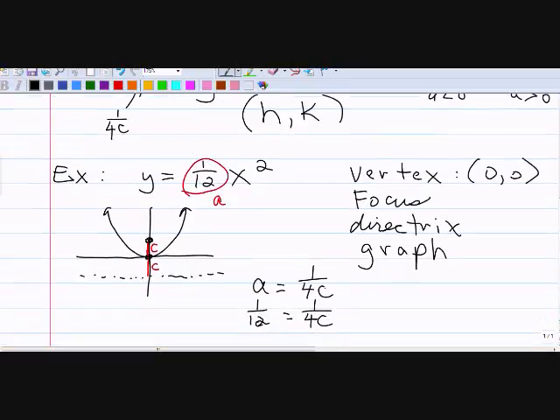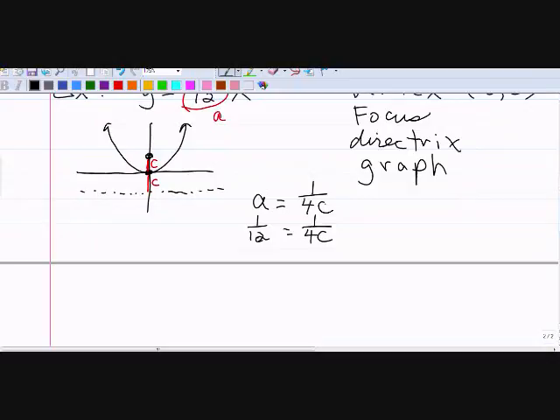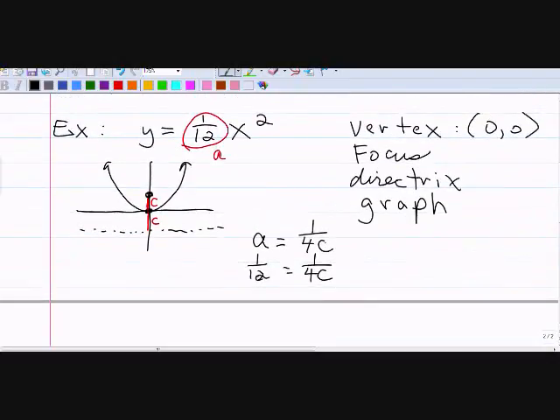So 1/12 is equal to 1 over 4c. Do you know what c is? 3. Okay. If you don't know what c is, then cross multiply to get it. 1 times 4c equals 12 times 1. Oh, c is 3. Okay? So the distance from the vertex to the focus is 3.